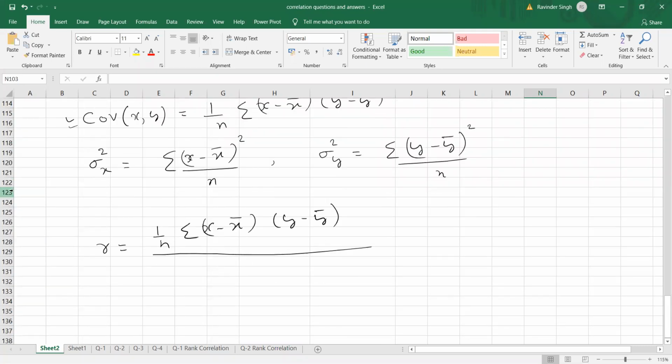So if you want to find the sigma x and sigma y, you have to take the square root of this. So this will become square root of summation of x minus x bar whole square divided by n, into square root of summation of y minus y bar whole square by n.